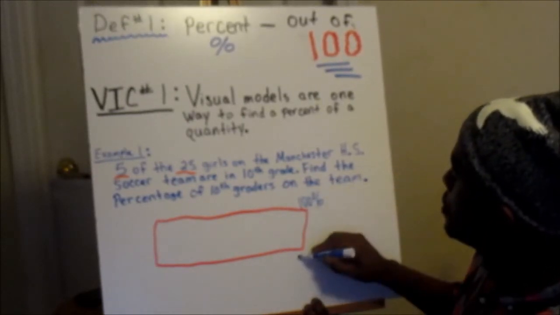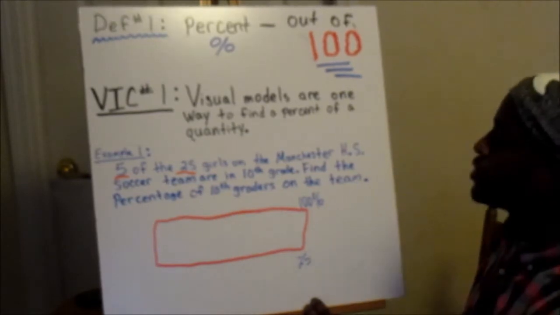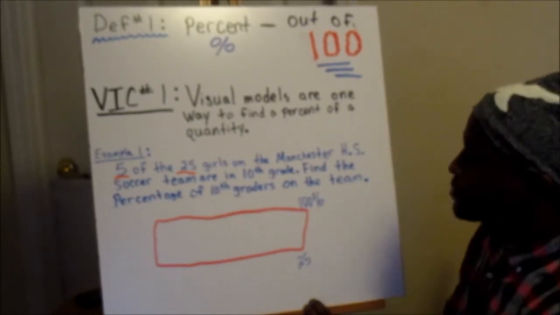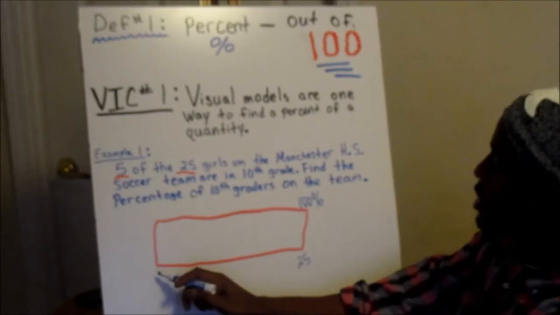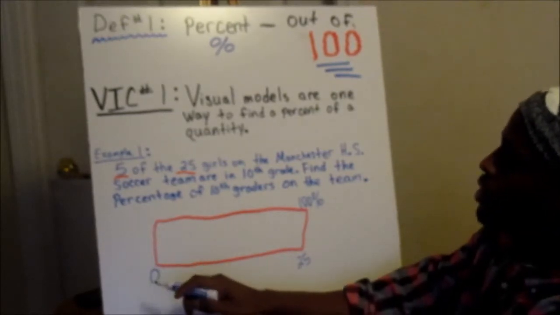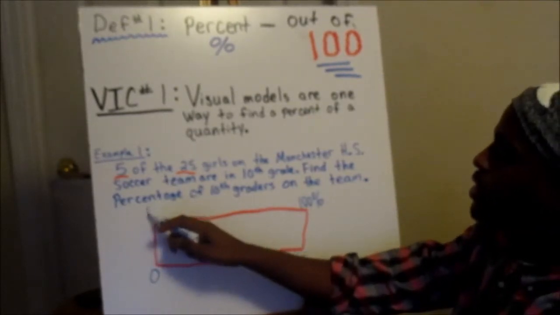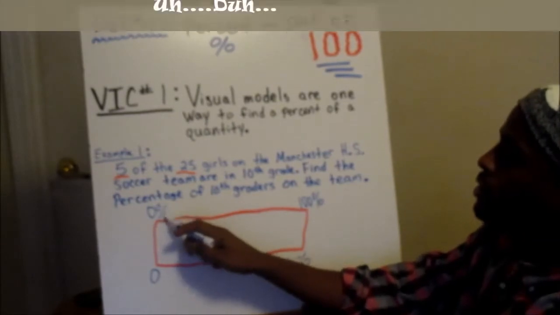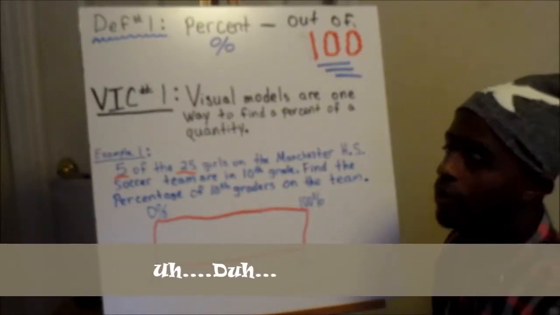I know down here that 0 girls would be 0%. So that's not hard to figure out.